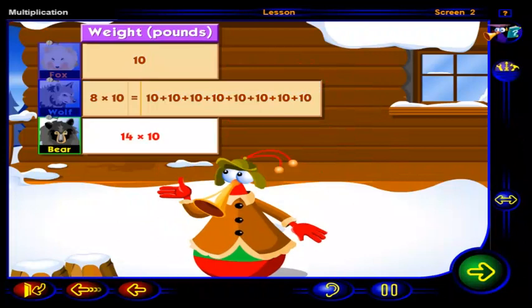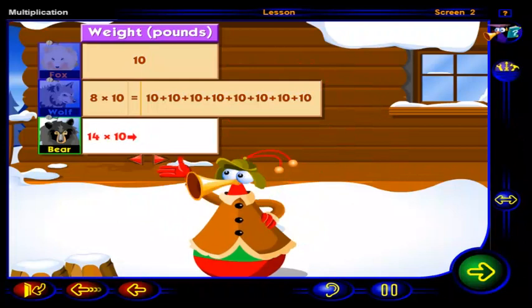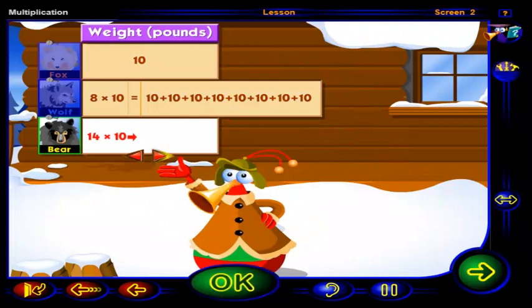Now the weight of the bear, 14 times 10, that's the sum of 14 tens. Click on the arrows until you have the sum of 14 tens. Then click OK.